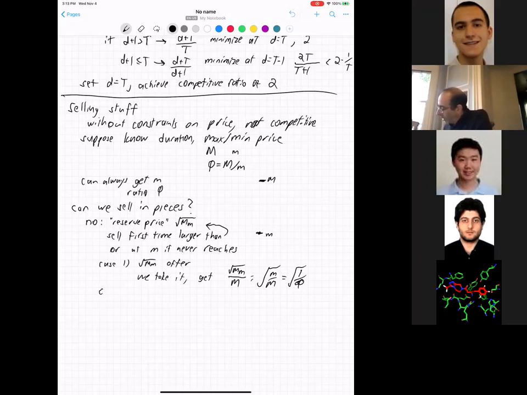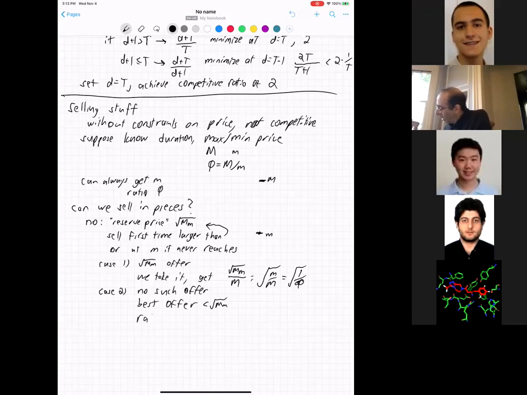Okay. Now the second case is that there is no such offer, right? But what that means is that the best offer is smaller than the geometric mean.